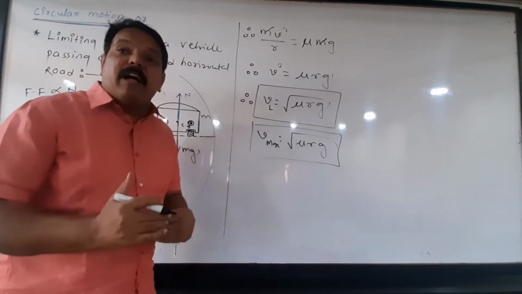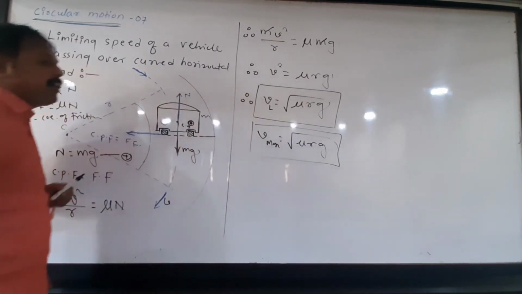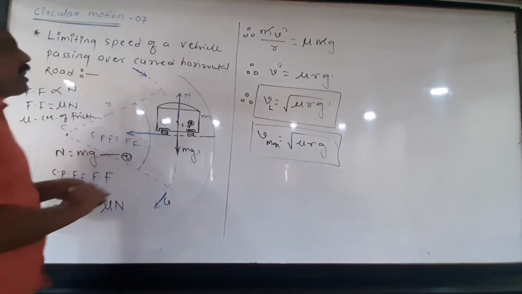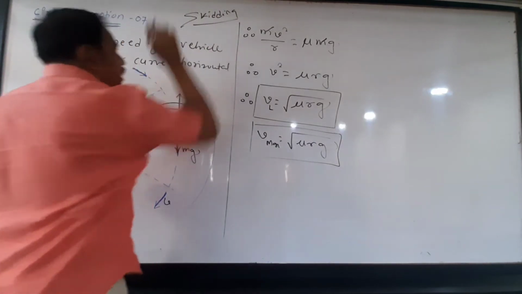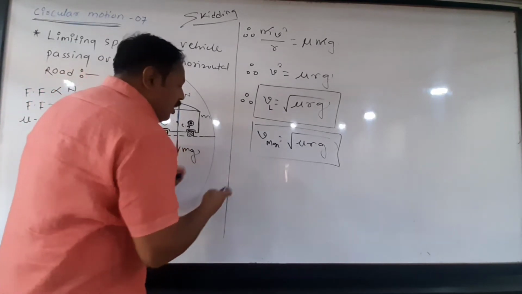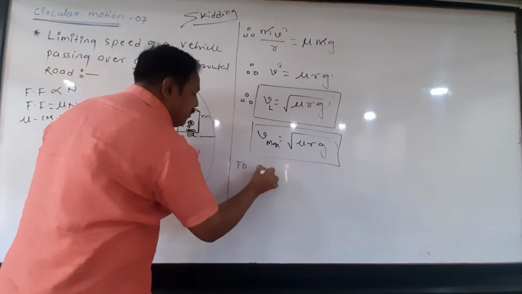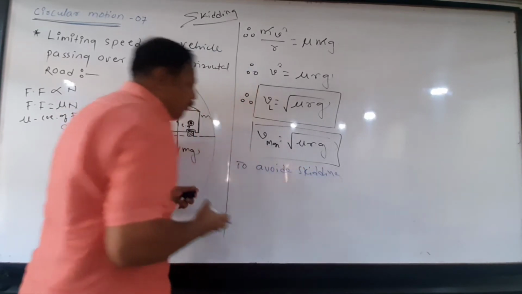If our vehicle crosses that speed, then what happens? There are chances of the vehicle being thrown outside the road. Such an accident is called skidding. See here, it's called skidding of the vehicle.